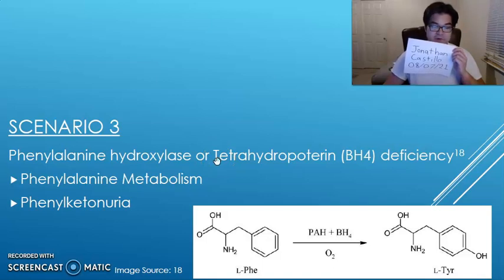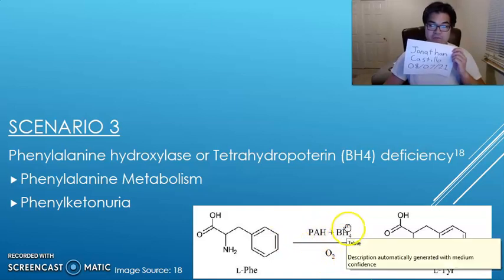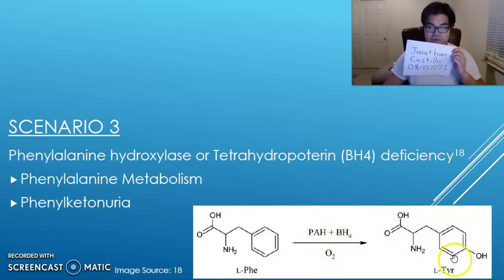Phenylalanine metabolism is primarily used to convert phenylalanine into tyrosine through a hydroxylation reaction involving BH4 and phenylalanine hydroxylase. If either is deficient, then tyrosine will not be converted, and phenylalanine will accumulate, causing phenylketonuria, or PKU. This will explain the higher than regular levels of phenylalanine from the newborn screening test.